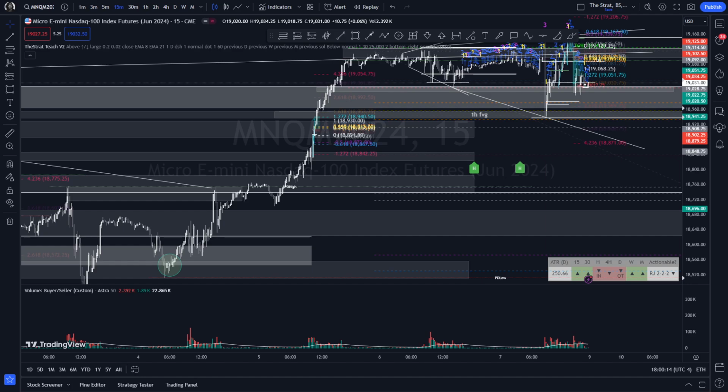What, if you don't mind me asking, what broker are you using? Well, what I'm saying is, what exchange broker are you using to short it with?